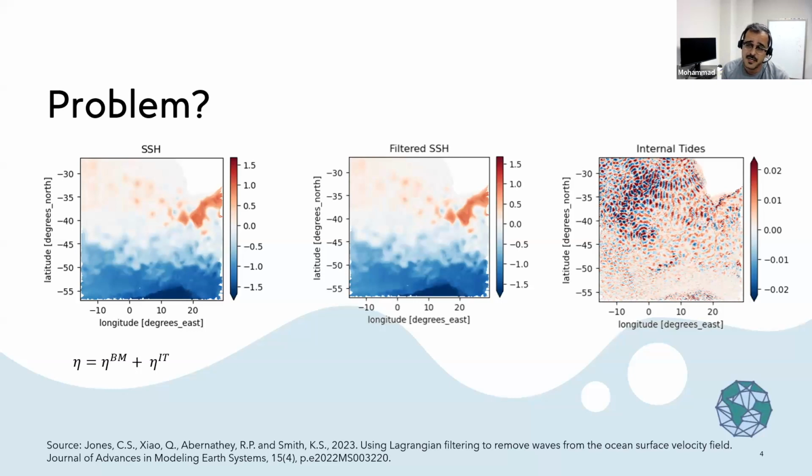Here in the left figure, we show the visual representation of the SSH taken from the Agulhas region of the LLC 4320 simulation. And the middle and right figures show the visual representations of its two components, balanced motion and internal tides, respectively.